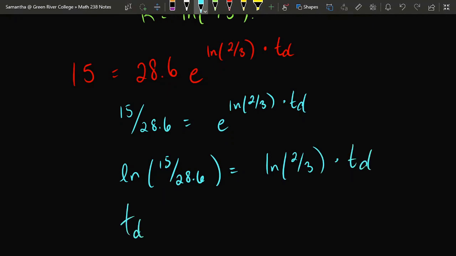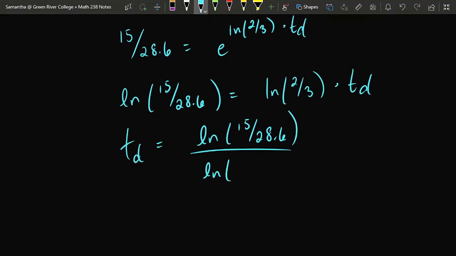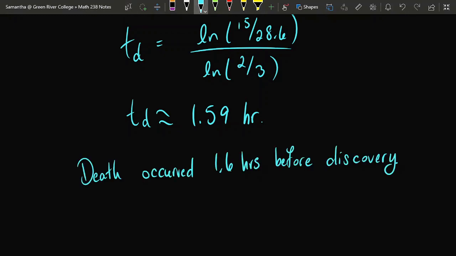The time of discovery would then be equal to natural log of 15 divided by 28.6 divided by the natural log of 2/3. And so the time of discovery was about 1.6 hours after the time of death. You can use that to help compare against the alibis of any suspects in the case, that kind of thing.